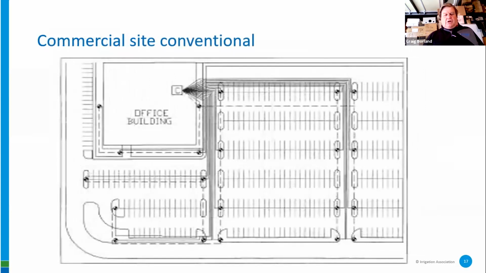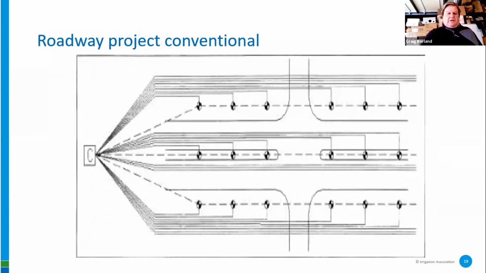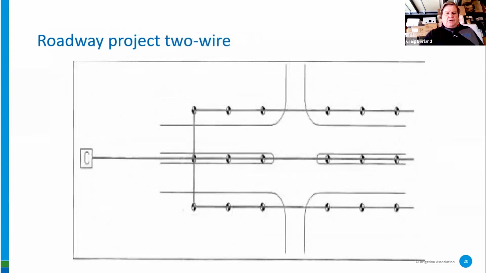Looking at a parking structure, yes, you've got a lot of water, a lot of wires feeding each of the planter beds. That's just a nightmare, and it's an opportunity for trouble to come in. But when you're looking at a 2-wire path, so much easier, so much cleaner to go through the whole system. A highway project, conventional, lots of wires, 2-wire, just 2 wires feed the whole thing.